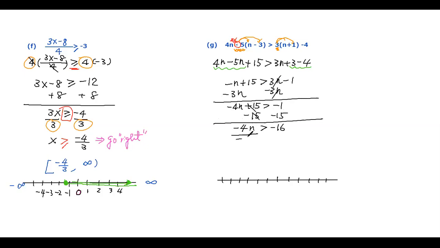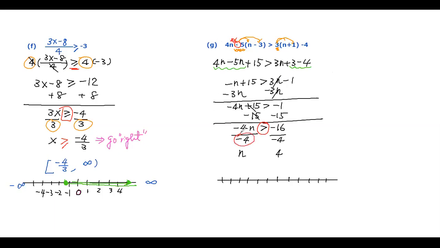Now I solve for n. I divide by negative 4, divided by negative 4. And negative 16 divided by negative 4 is 4. Okay, so now be very careful here. This is greater than, right? Do I need to switch the sign? Oh, yes. Why?